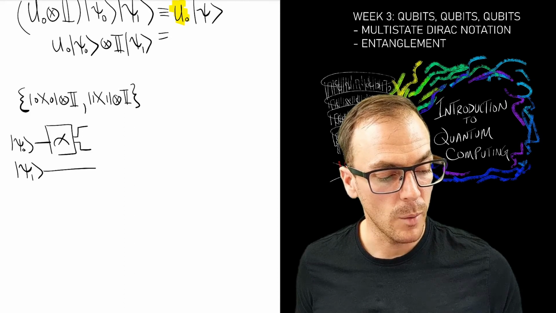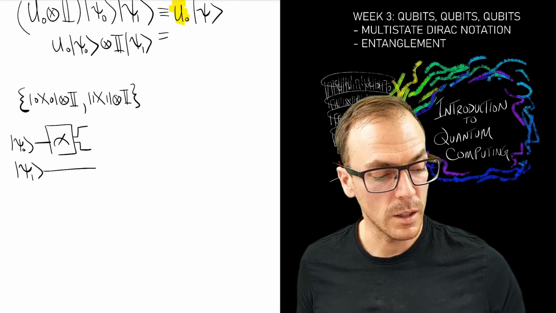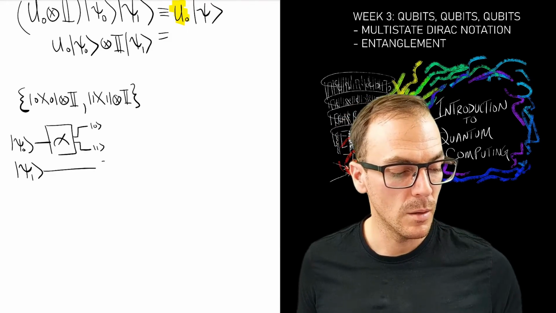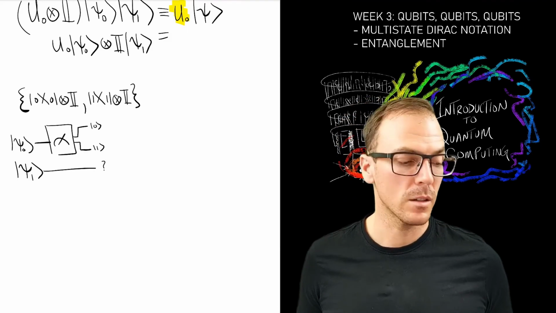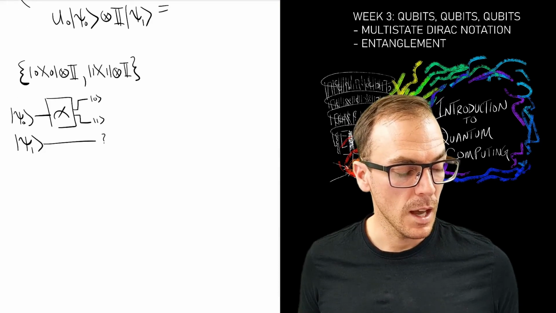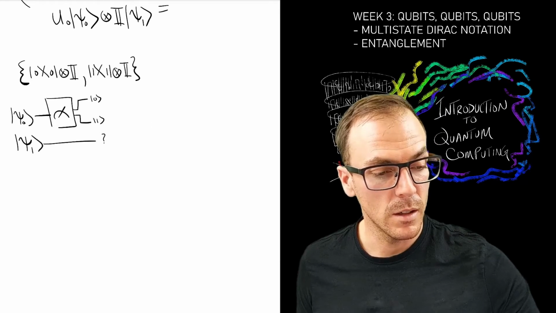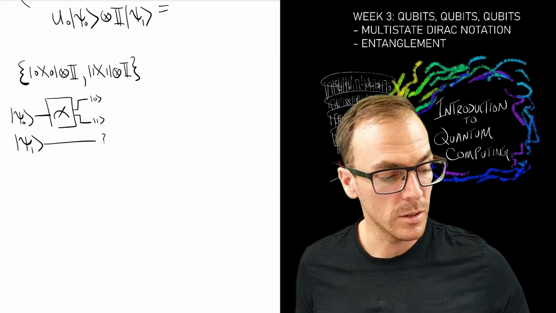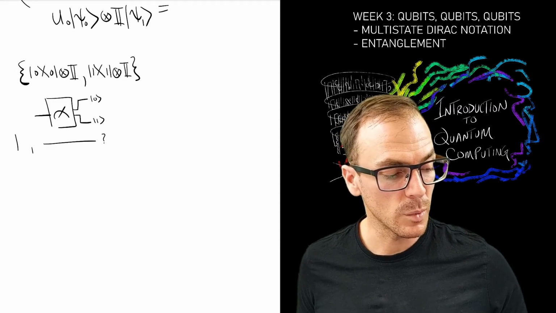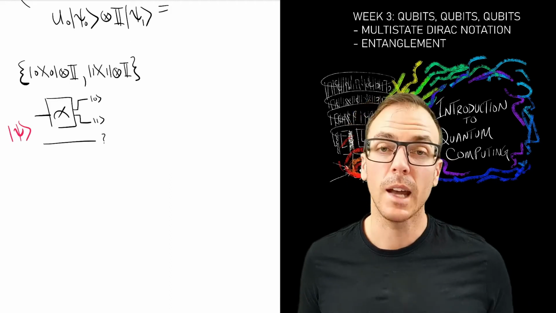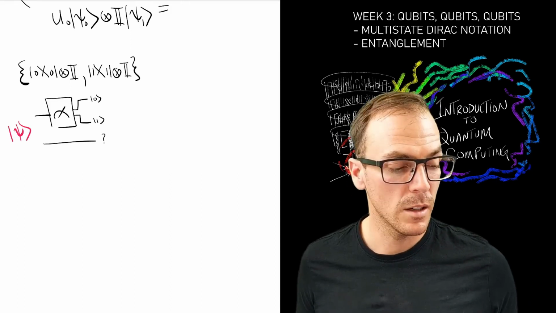So up here, one of two things could happen. Remember, I end up with this 0 or the 1 state, but what happens down here? And I guess more to the point, what would happen if instead of them completely separate, I actually had perhaps one of these entangled states, so arbitrary.